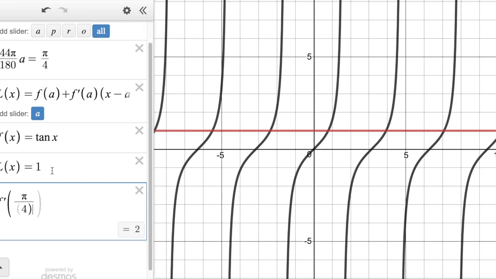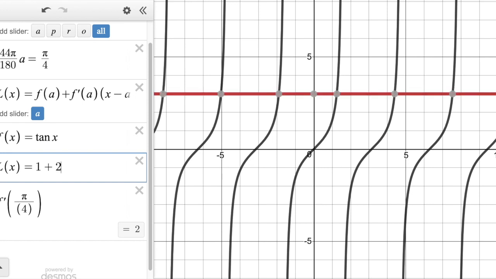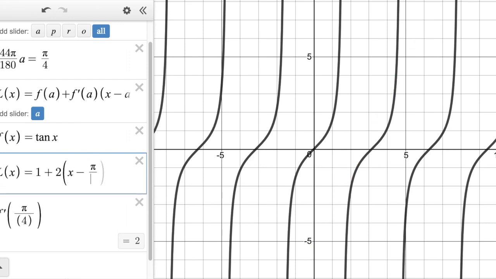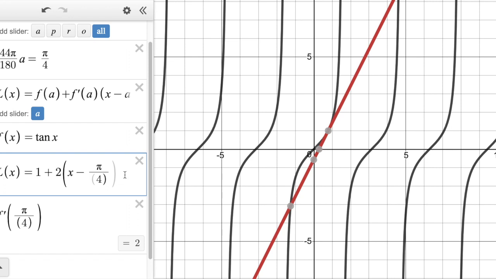So that's nice. So I have 1 plus 2 times x minus our a, which is pi over 4. And I'm going to close my parentheses. All right, actually not down there. How about out here? Okay, so there is my tangent line.